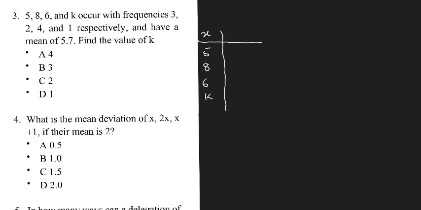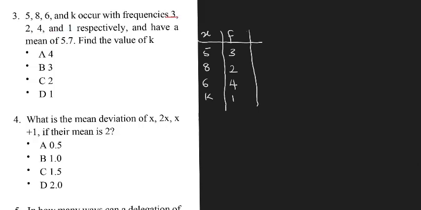Then the next thing is the frequencies. We usually use f, right? Draw this down. Remember, it's objective. We're going to be fast. So now this is 3 because it's respectively 2, 4 and 1. That's these frequencies, right?